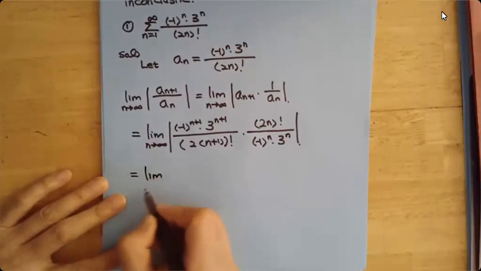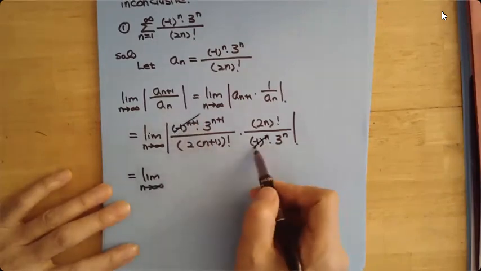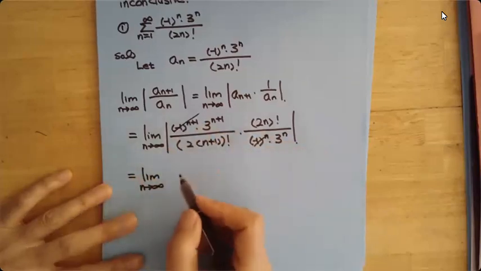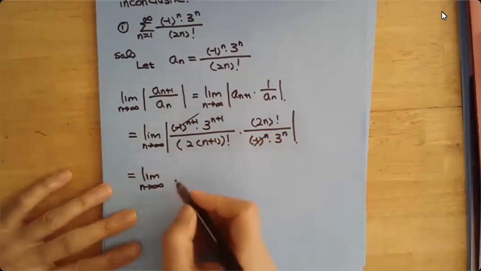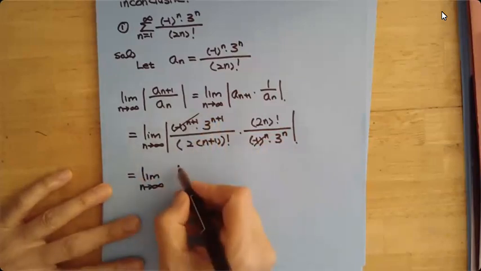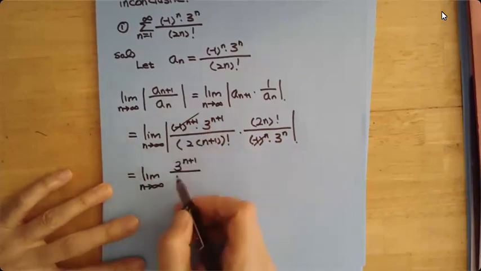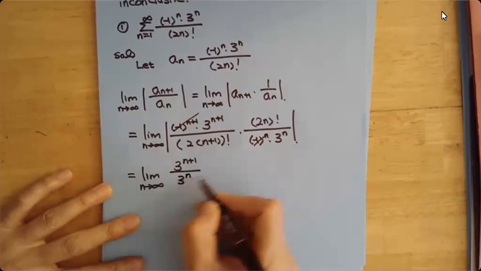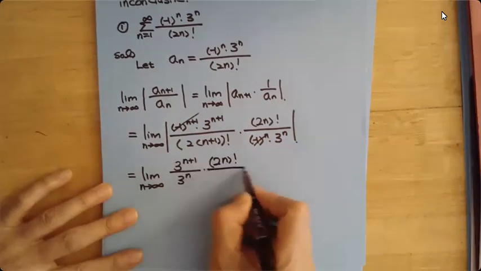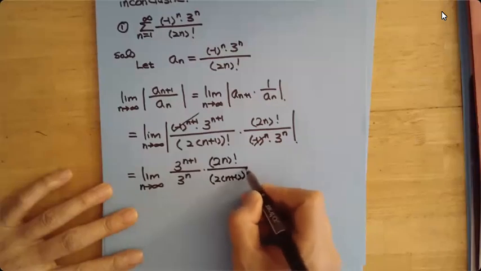We forget the negative sign because there is an absolute value and everything is positive, so we just forget the absolute value sign also. We combine the similar factors. So we write 3 to the n plus 1 and 3 to the n together. And then the next one is the factorial, 2n factorial over 2 times n plus 1 factorial.